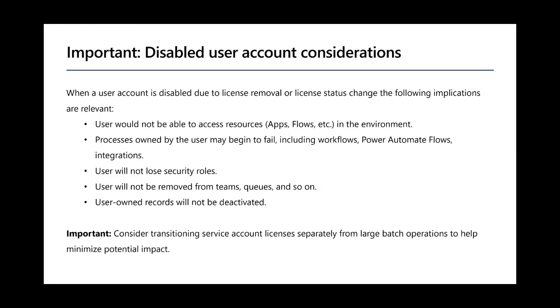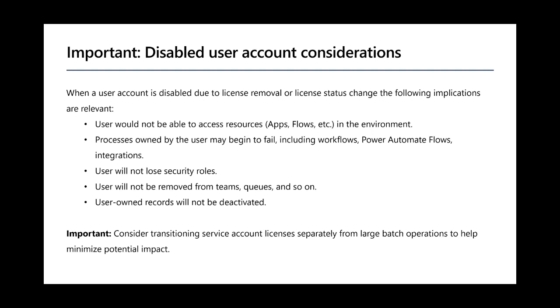So when a user account is disabled, that user would no longer be able to access Power Platform resources in the environment, like apps and flows, for example. Any processes like workflows, Power Automate flows, integrations with your Dynamics applications, which are owned by that disabled user, would then also fail to function.